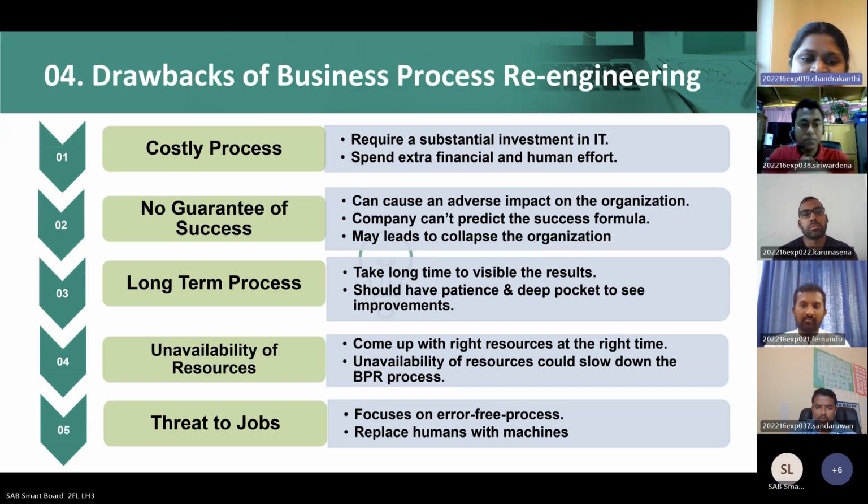My last point is threat to jobs. Since BPR focuses on error-free processes, it may replace humans with machines. Therefore, it may lead to job losses. That's all about drawbacks. Let's move to the conclusion part.